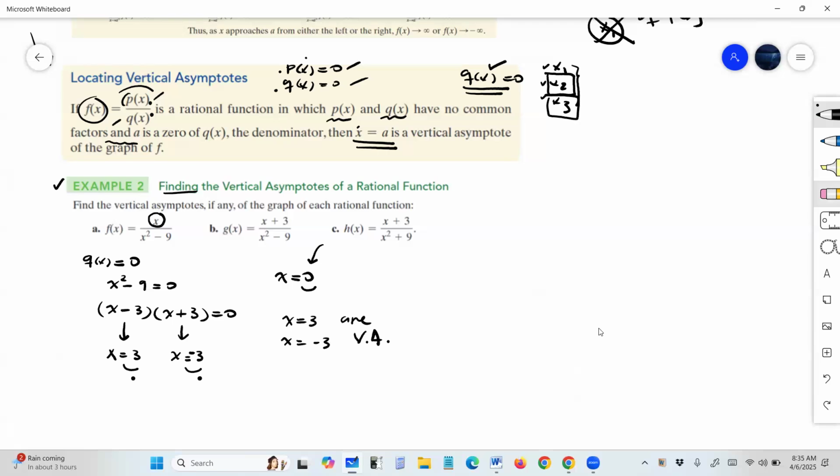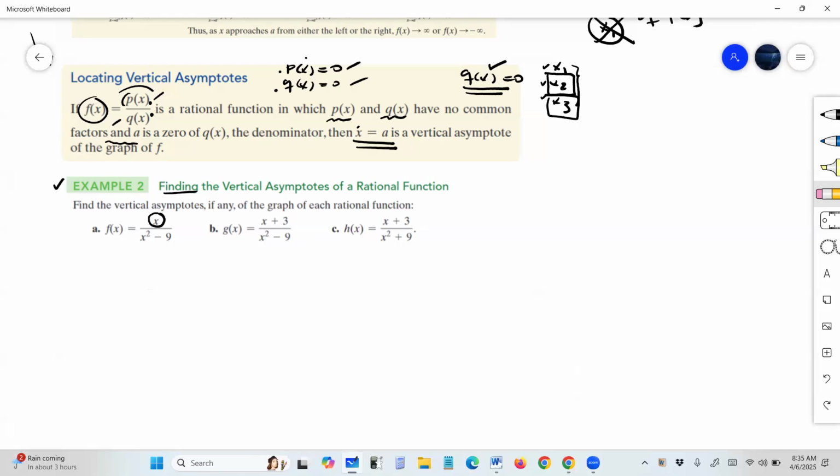Another way that you can do this that may be a little bit faster is the following. I'm going to show you an alternative that may be easier for you to see. The rational function is f of x.